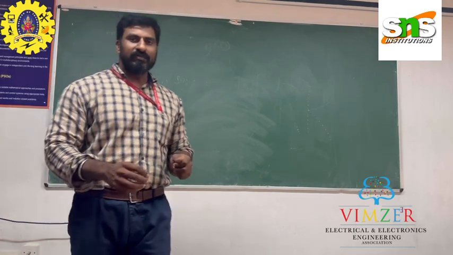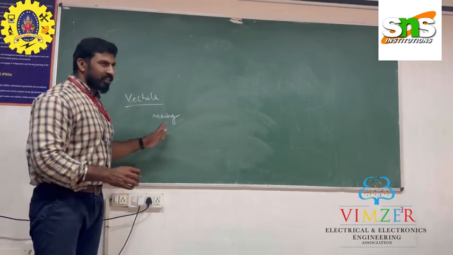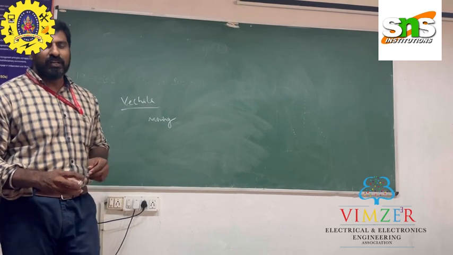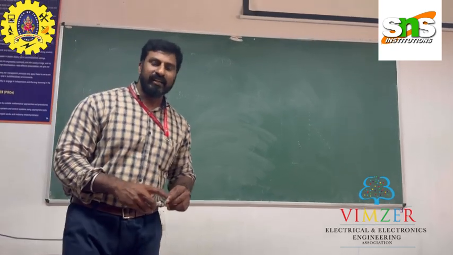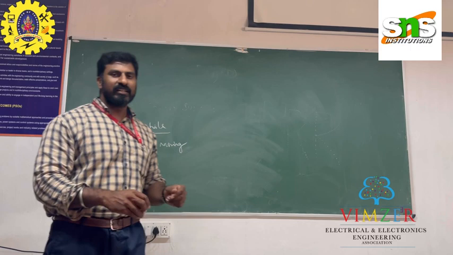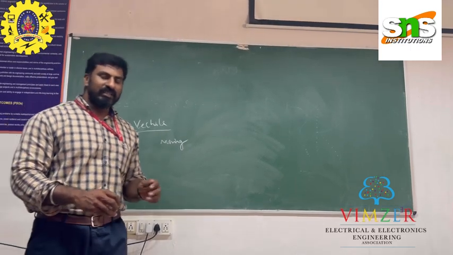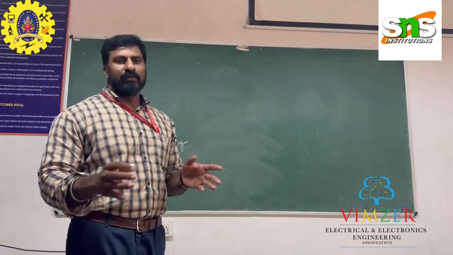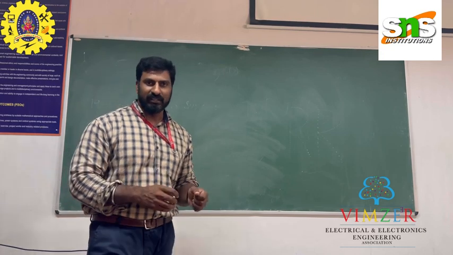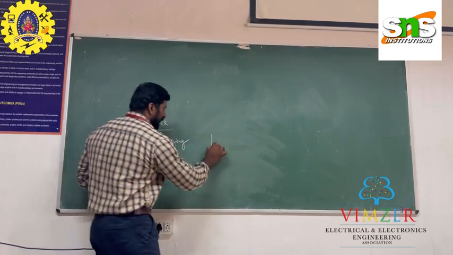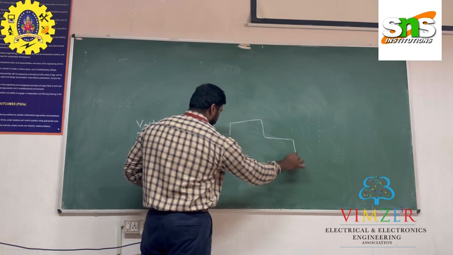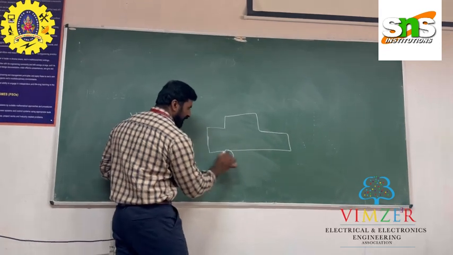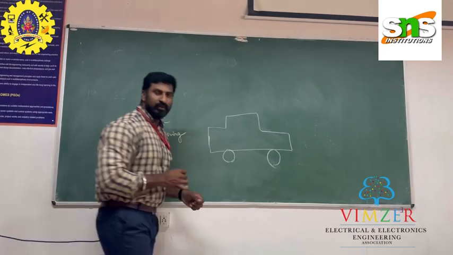In this vehicle, we have two different kinds of sources. For example, in earlier days they were using internal combustion engines, which means the vehicle is driven by internal combustion engine parameters. For example, consider this is the vehicle. The vehicle has wheels, for example two wheels.